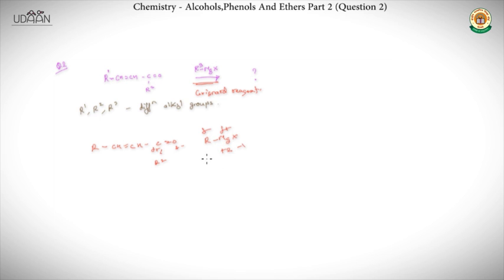So R also has to be in a minus 1 oxidation state. Therefore it's very strong. So following the same concept, R will attack over here and MgX will join the oxygen atom. So therefore we will get the compound as this.